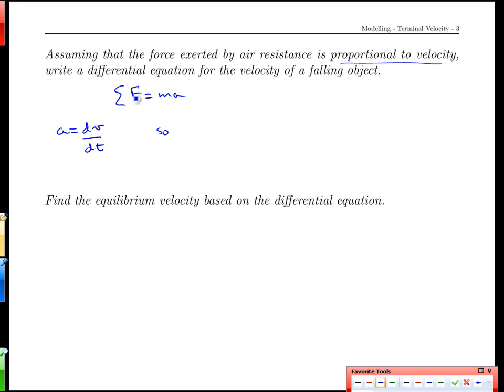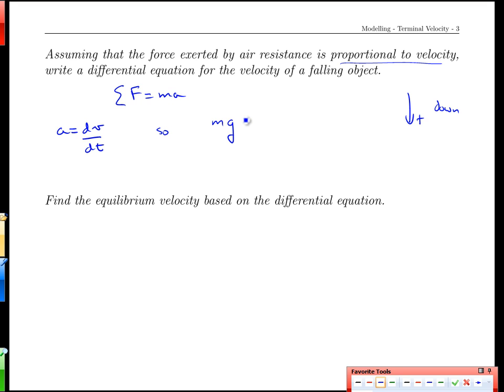So our forces, actually, let's say the positive direction is down. That's simply because we want to talk about velocities getting bigger and bigger, even though they're aiming downwards. Bigger being downwards makes sense from this particular context. So our sum of forces would be mg, and that would be our one force.